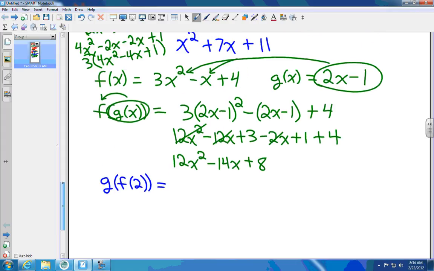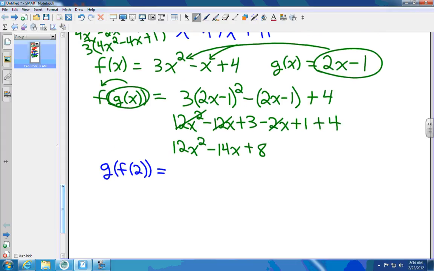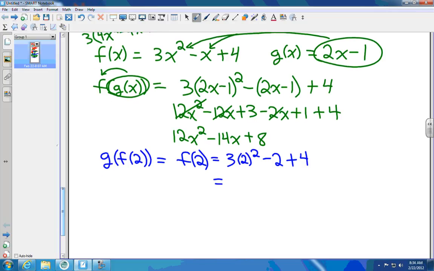So you still use the same functions. Here's F of X. So first we need to find F of 2. So how do we do that? What's that mean? Plug in the 2. Pretty simple. So we do 3 times 2 squared minus 2 plus 4. So 2 squared is 4 here times 3, 12 minus 2 plus 4 is what? 14.